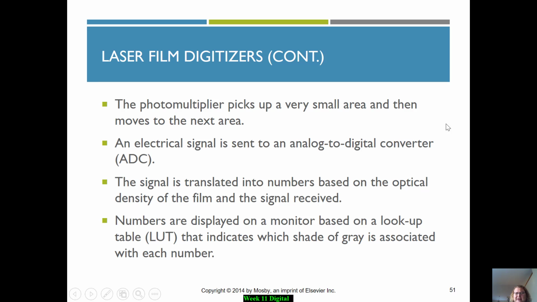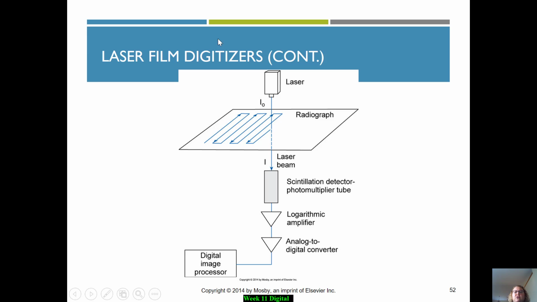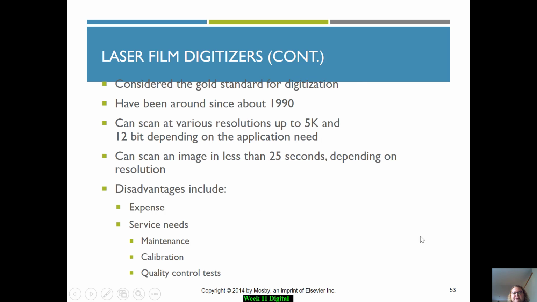But you do still have some doctor's offices and foot clinics, those types of places, that still use a processor. In order to get those images to digital, we would have to scan them in. So you put the radiograph in, that laser beam reads it, and then it converts it and stores that image.